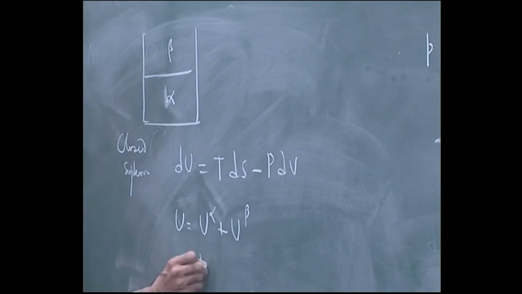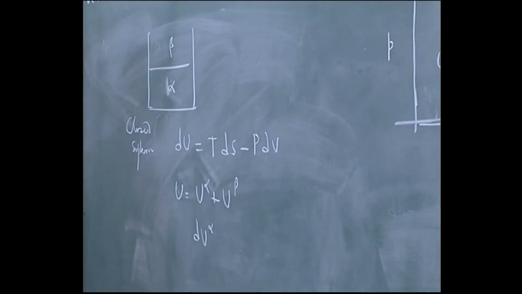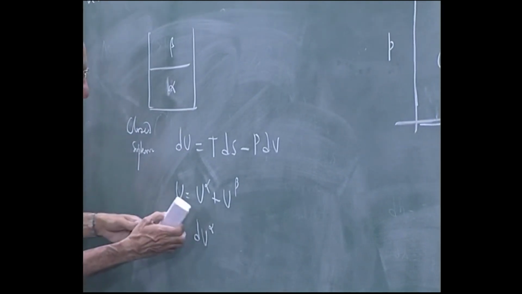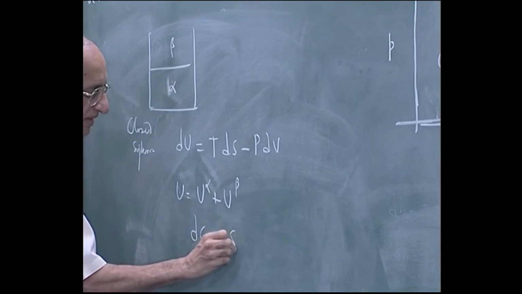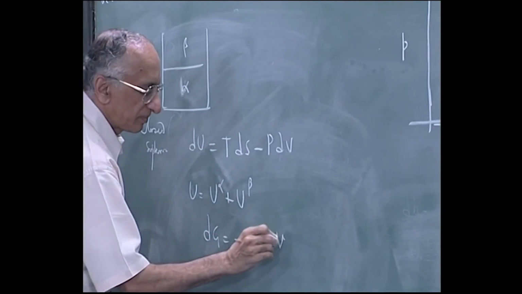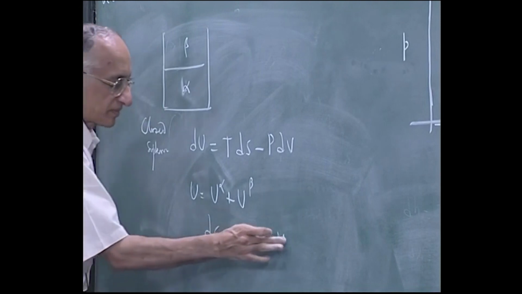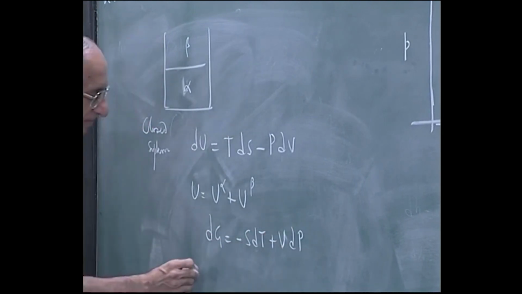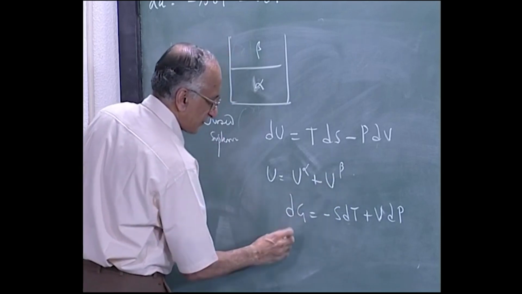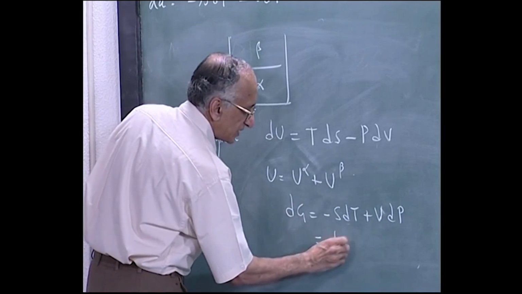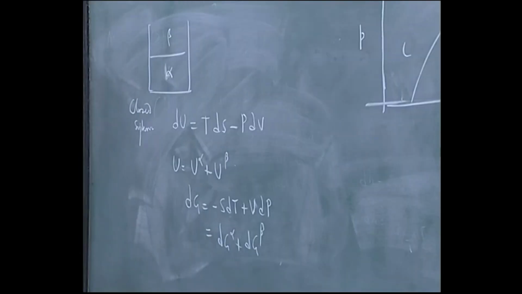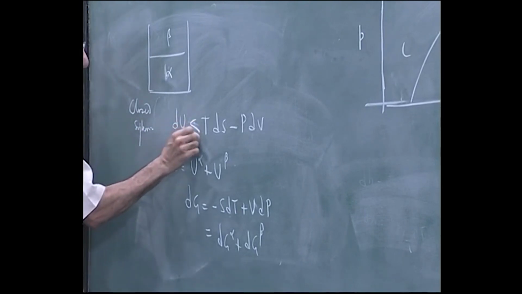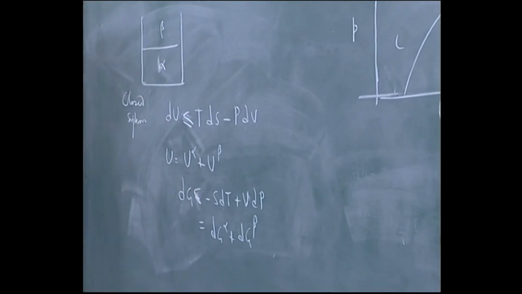So if I rewrite this, I would like to write it actually for G, it is more convenient to write it for G. dG will be minus S dT plus V dP. Similarly for G also, this is equal to dG alpha plus dG beta. I should write here is less than or equal to. So this is also less than or equal to.